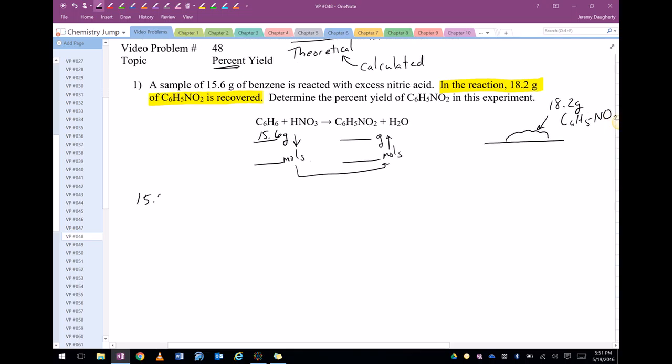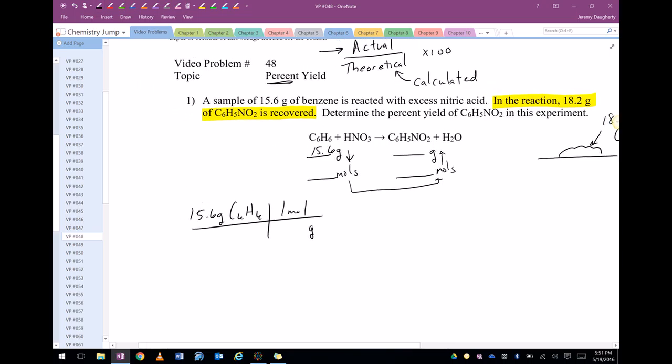So let's see, I've got 15.6 grams of C6H6, right? 1 mole on top, grams on bottom. That's molar mass, so it's the molar mass of benzene, which is C6H6. So I've got 6 times carbon, which is 72.06. And then I've got 6 times hydrogen, which is 1.048.